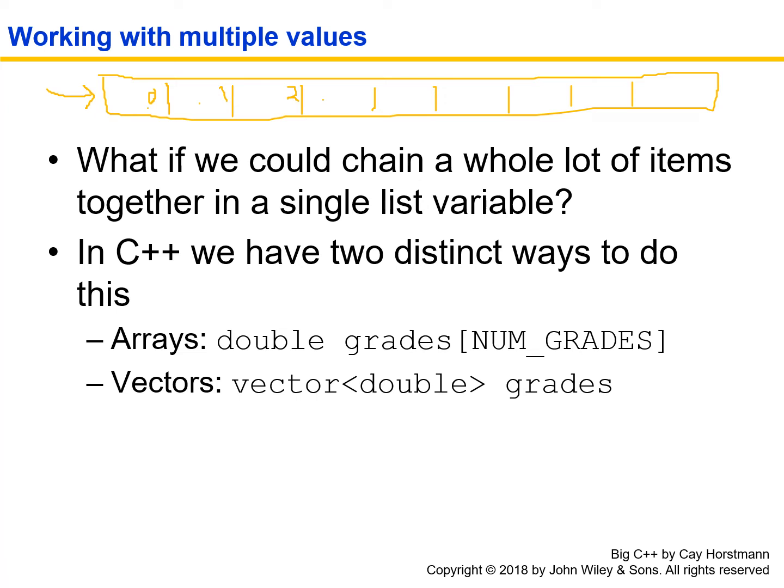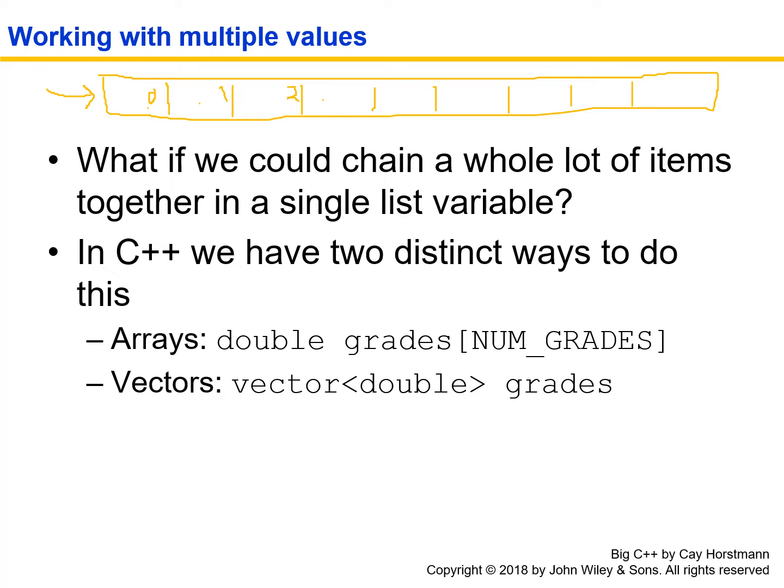There's also something called a vector. Now, vectors are made possible by the fact that C++ is an object-oriented language. Vectors are much more advanced computer science-wise than arrays, which, peculiarly enough, makes them easier to use.